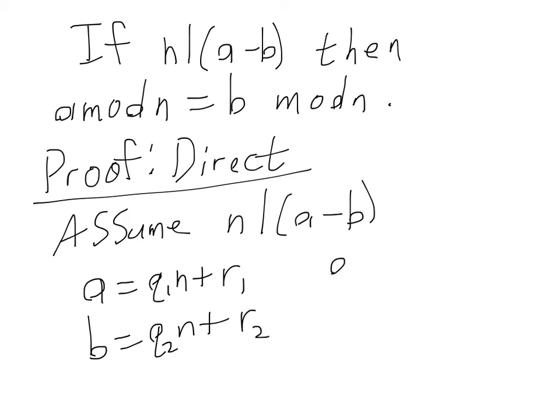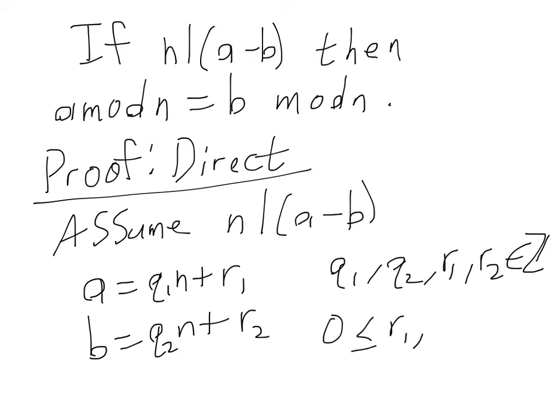So here all these guys, q1, q2, r1, r2, are integers. And also I know that 0 is less than or equal to r1 and r2, and they're both less than n. Now I need to assume, and I can, that one of the remainders is bigger than the other.